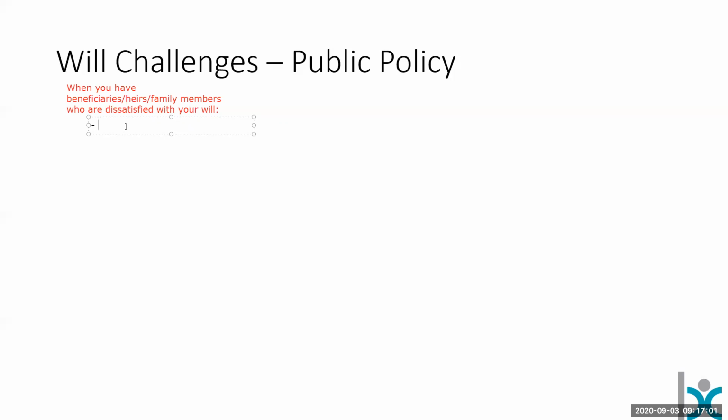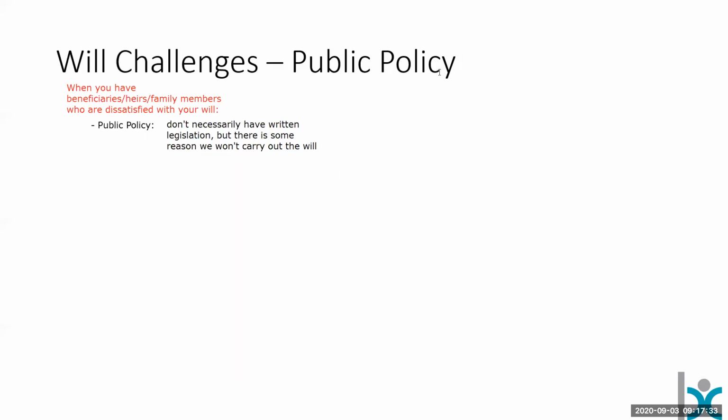Okay, so we might get a public policy challenge. So public policy is where we don't necessarily have written legislation, but there is some reason we won't carry out the will. And it's that it's offensive to public policy, that the law shouldn't allow this type of activity to happen.